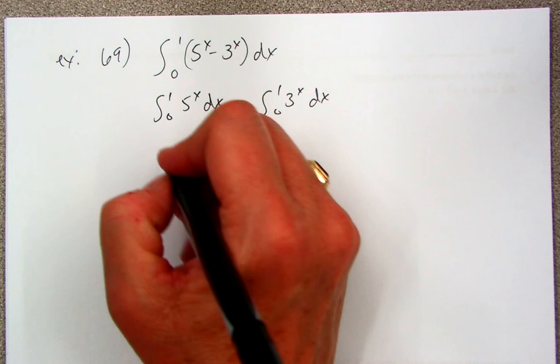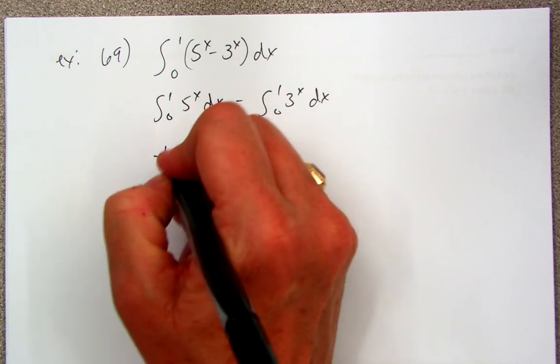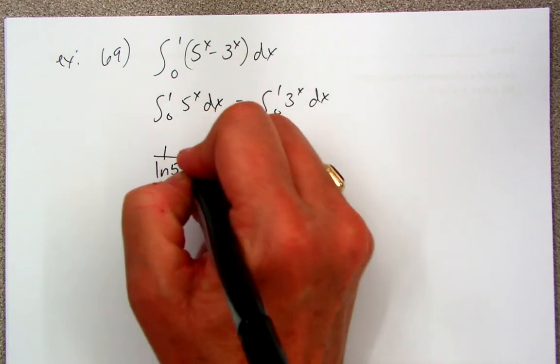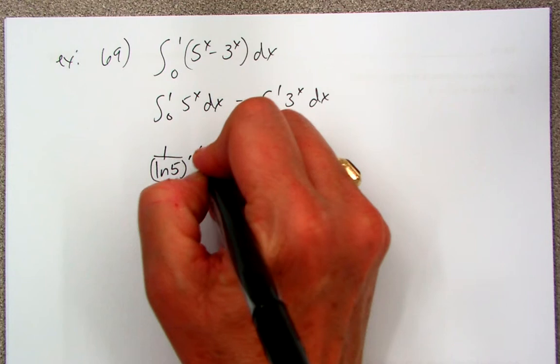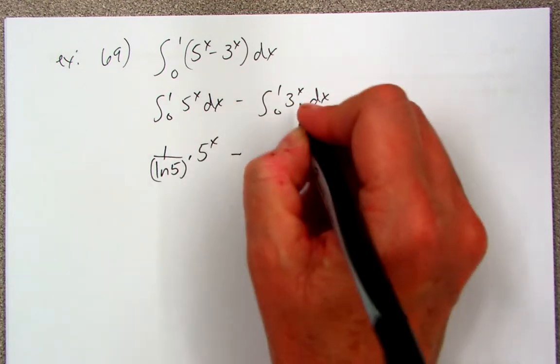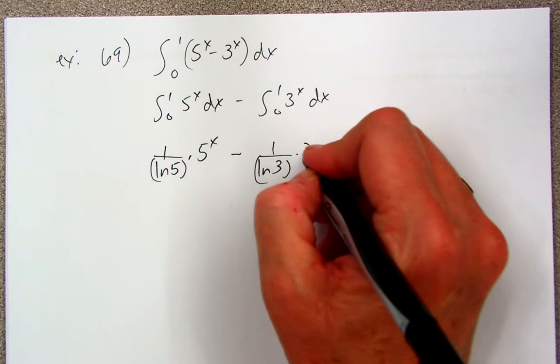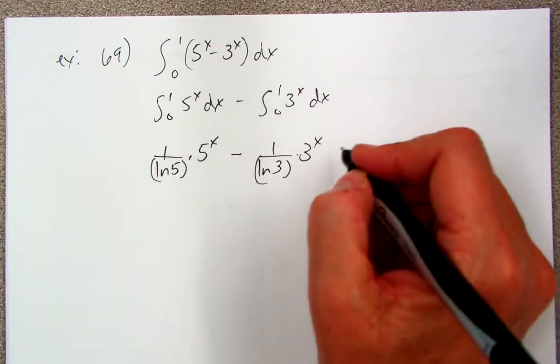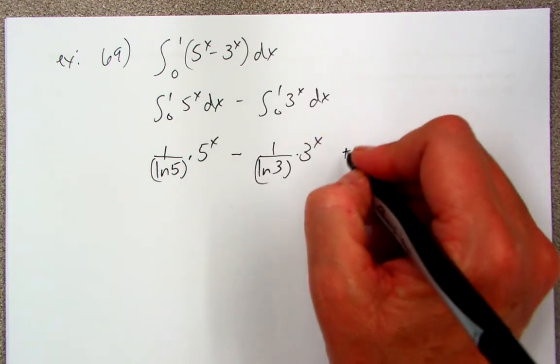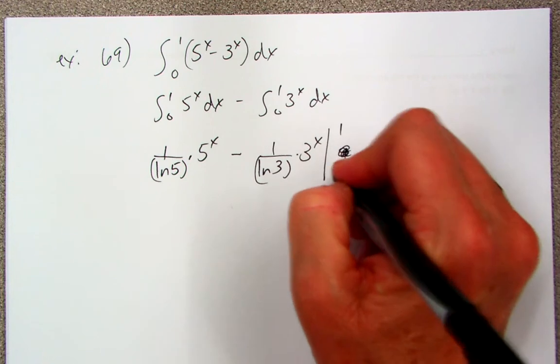So this one here is 1 over the natural log of whatever the base is times this whole thing, minus, same thing, 1 over the natural log of the base times this whole piece. And because it's just x, I don't do the u differentiation, so I don't put plus c. It's from 1 to 0.